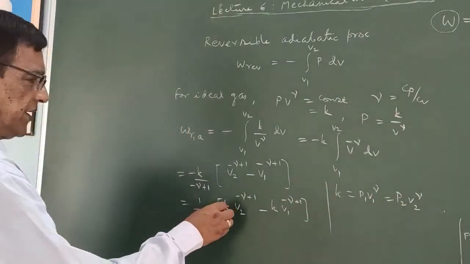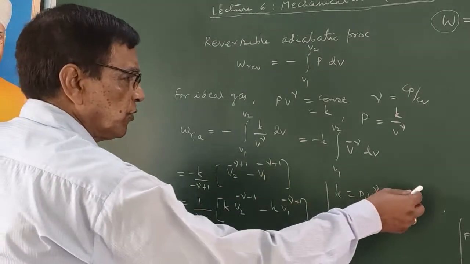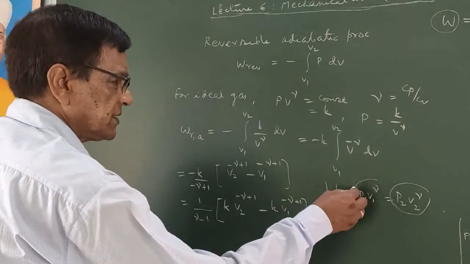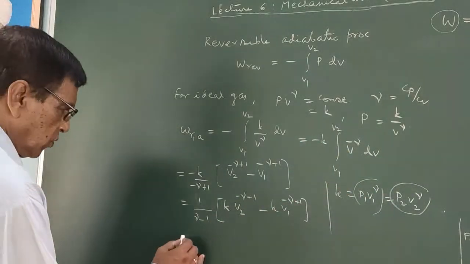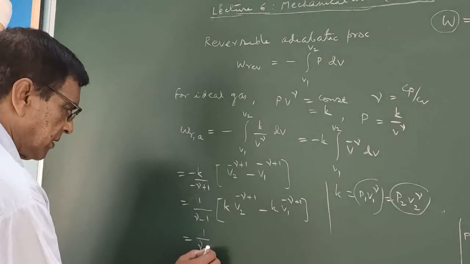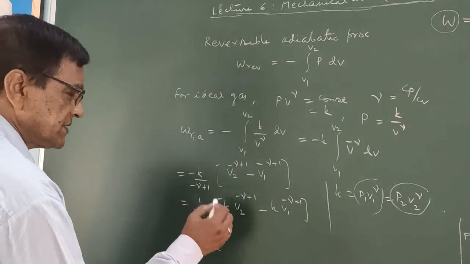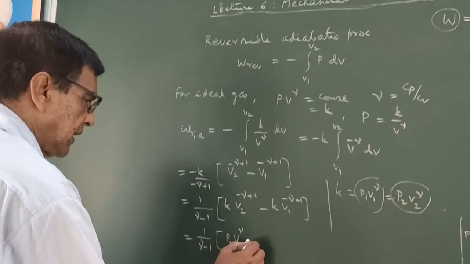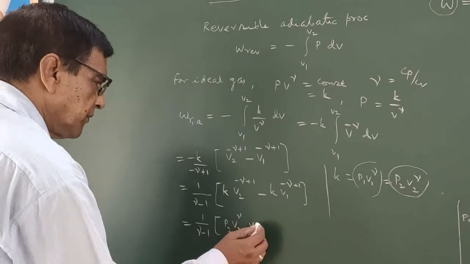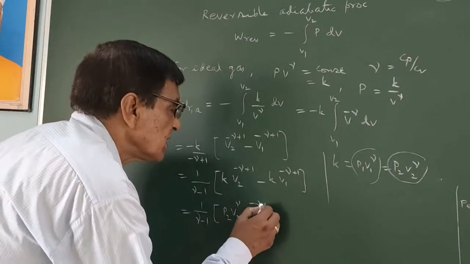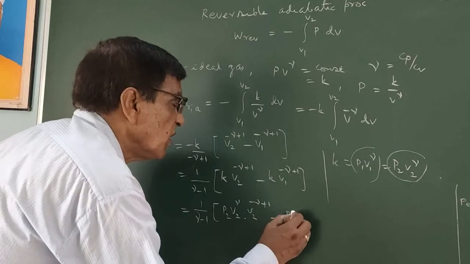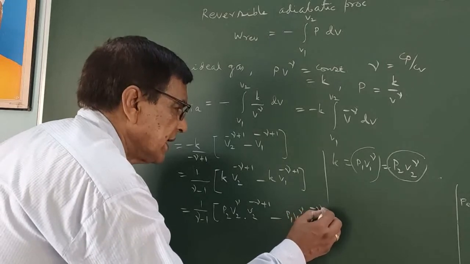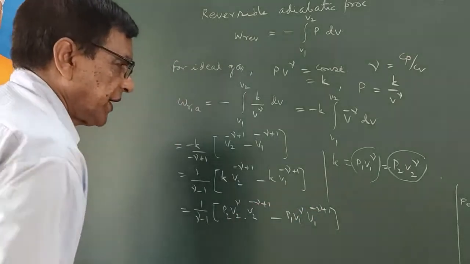So K is replaced by the final state in the first term and by the initial state in the second. Then, 1 by gamma minus 1 times P2 V2 to the power gamma into V2 to the power minus gamma plus 1, minus P1 V1 to the power gamma into V1 to the power minus gamma plus 1, bracket close.